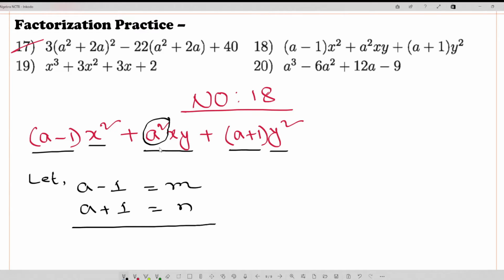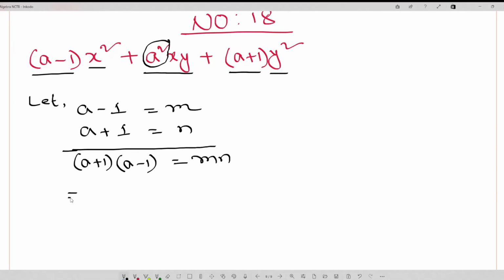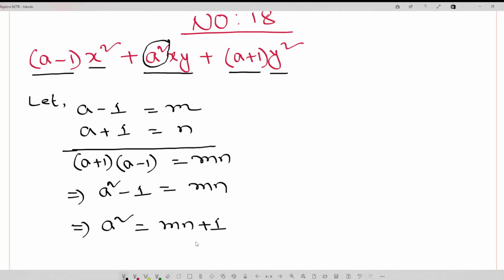For this a² we need something. Once we multiply both, we get (a + 1)(a − 1) equals mn. So we can write a² − 1 equals mn.